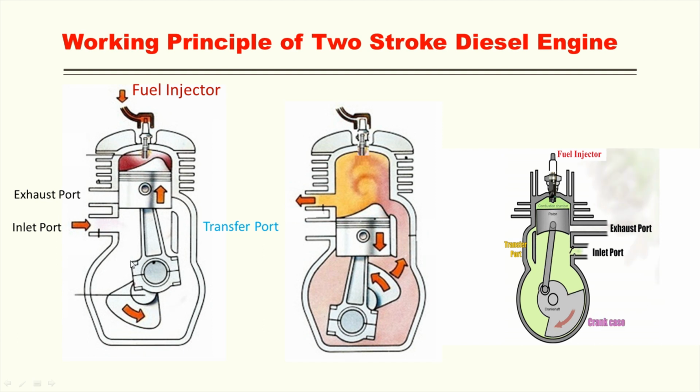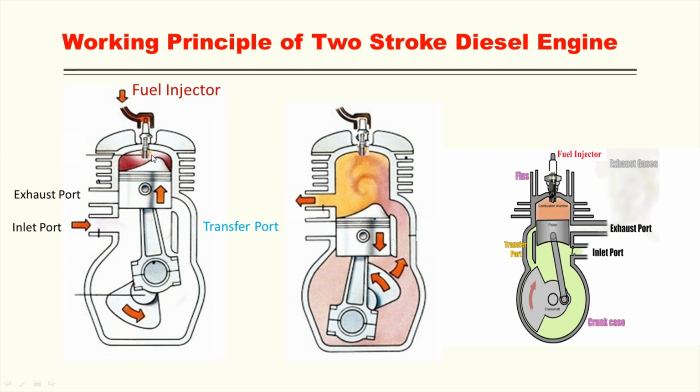So in a two-stroke diesel engine, in one stroke, bottom side suction is there, and at top side compression is there. At the end of compression the pressure and temperature of the air are sufficient to ignite the fuel, because air is a gas and it is compressible in nature. So at the end of compression the fuel injector will inject the fuel in atomized form, and it will contact high pressure and high temperature air, and the ignition will take place at constant pressure.